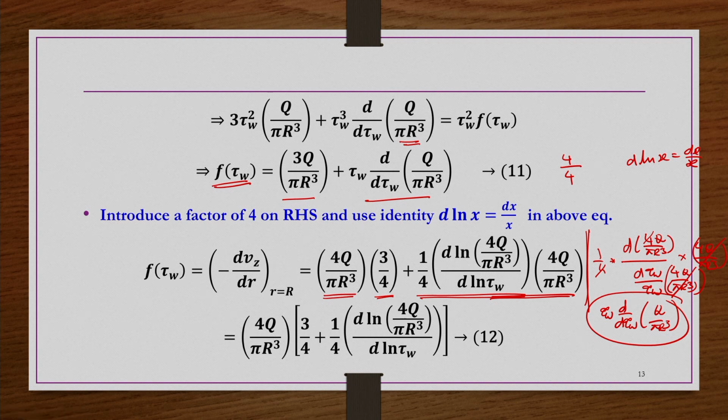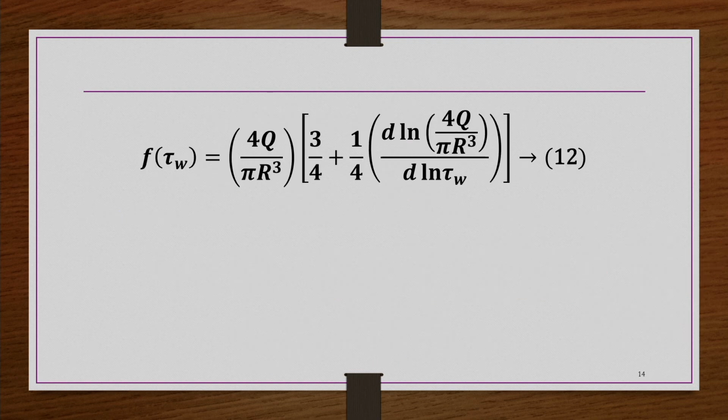In the subsequent step, what we are doing, we are taking 4 q by pi R cube as a common term, right. Then we have 3 by 4 plus 1 by 4 d ln 4 q by pi R cube divided by d ln tau W. So this is the equation. Once again we have written it like this here. Okay.